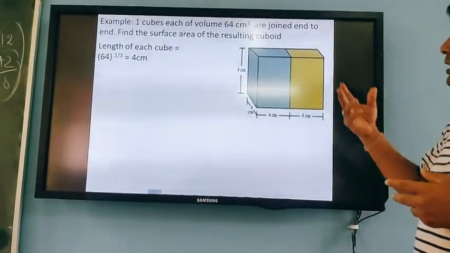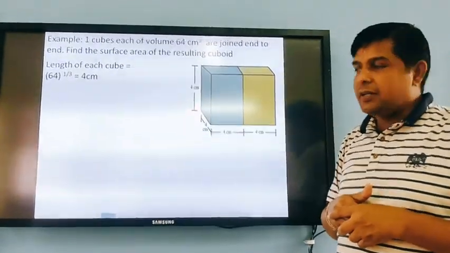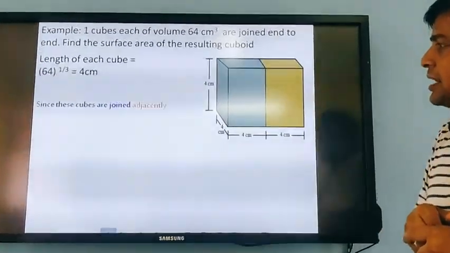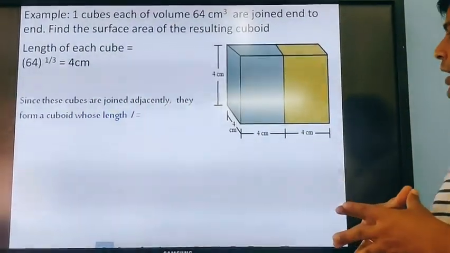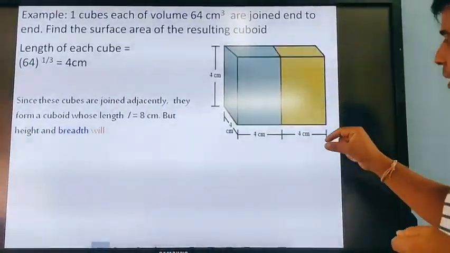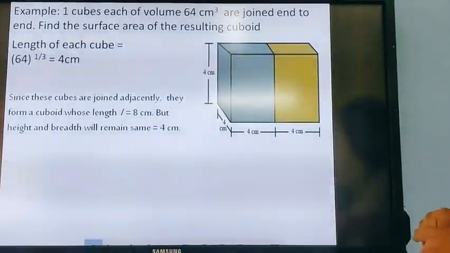When you find the length, the cube root of 64 gives you 4 centimeter. And we observe the figure. These cubes are joined adjacently, so they form a cuboid whose length is 4 plus 4, that is 8 centimeter, but height and width are the same, that is 4 centimeter.